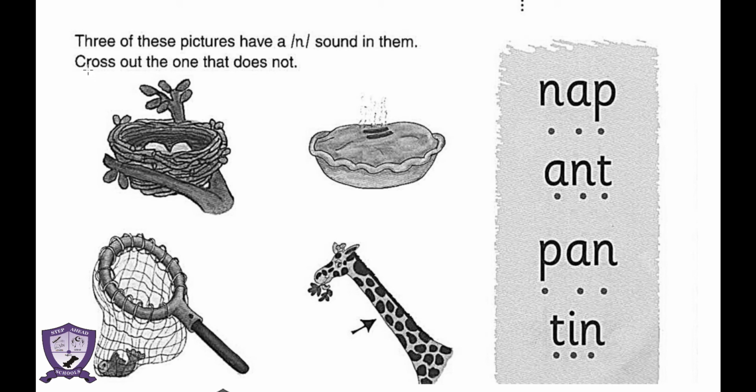We have to cross out the one that does not. 3 of the pictures have the sound and one of them does not have the sound. So let's say the name of each picture and then find out which picture has the sound, and which picture does not have the sound.